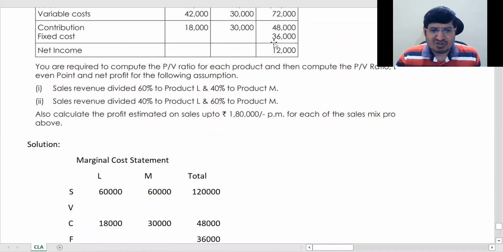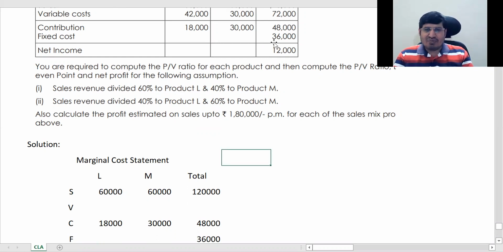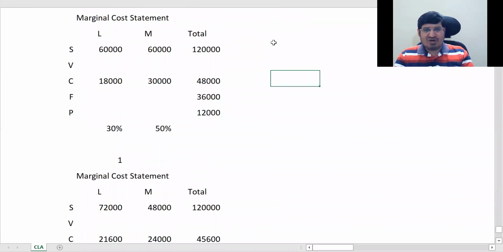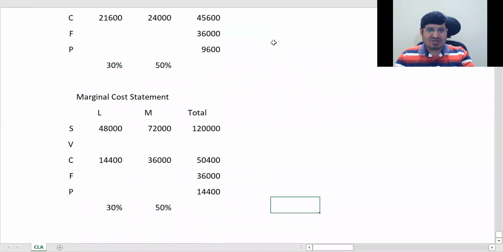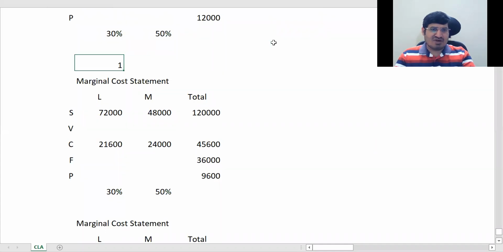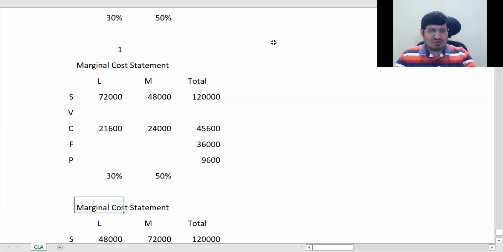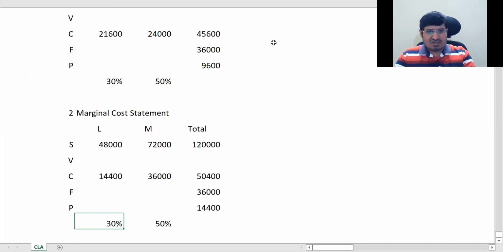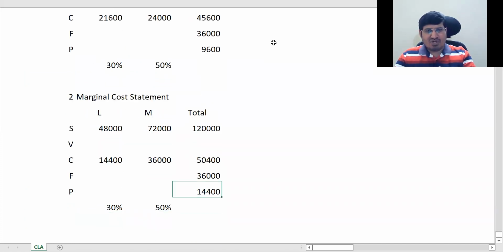What all have they asked us to prepare? To compute the PV ratio, BEP and net profit. So net profit we have computed, PV ratios also we have computed. Let me put this as option 1 and this as option 2. Net profit we found: 9,600, 14,400.